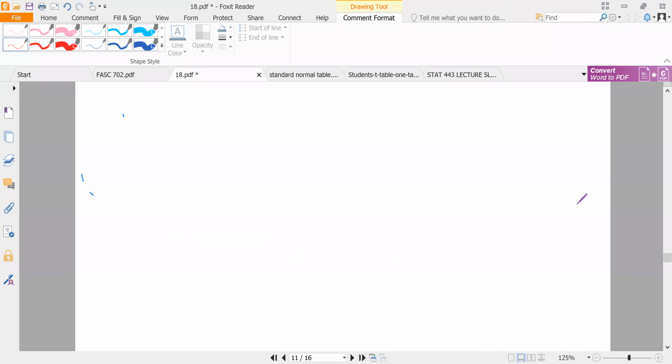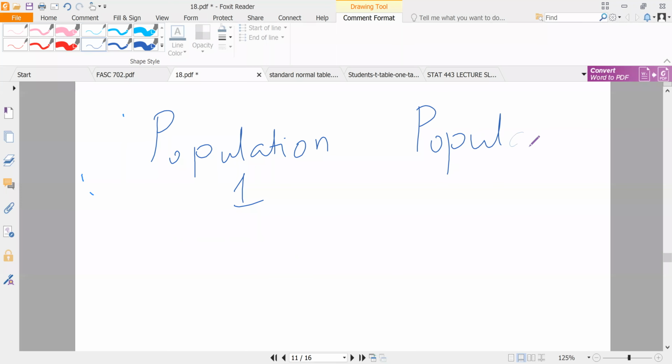So when we are talking about inference for two populations, we have population 1 and we have population 2. We are interested in trying to see if these two populations are similar with respect to a particular population parameter.